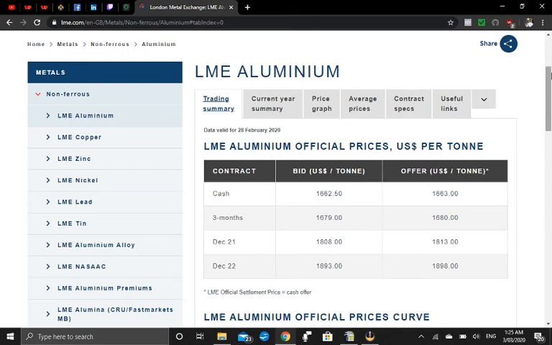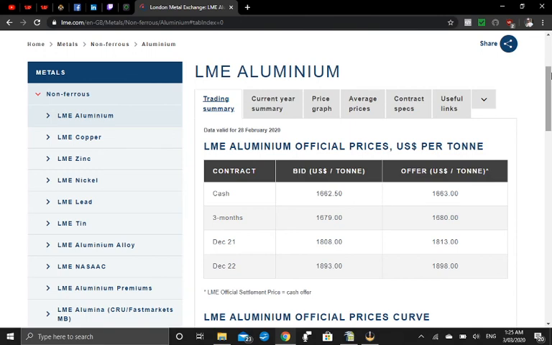I'd say global demand for aluminium varies. From my experience, most of the inquiries that we've dealt with, or buyers that we've dealt with or supplied, have come from India.